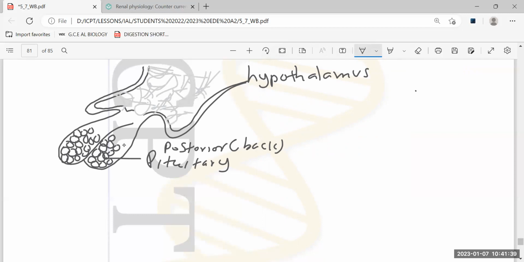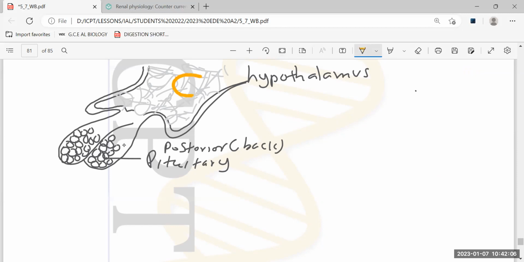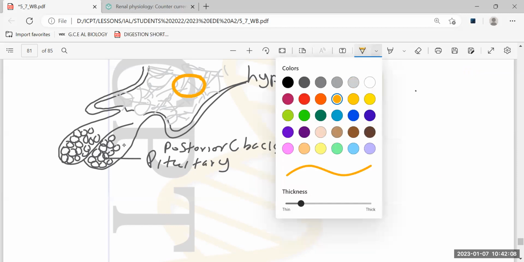These represent neurons, and these neurons are specialized to detect external stimuli, like receptors, right? So there is an area in the hypothalamus which has a collection of neurons.